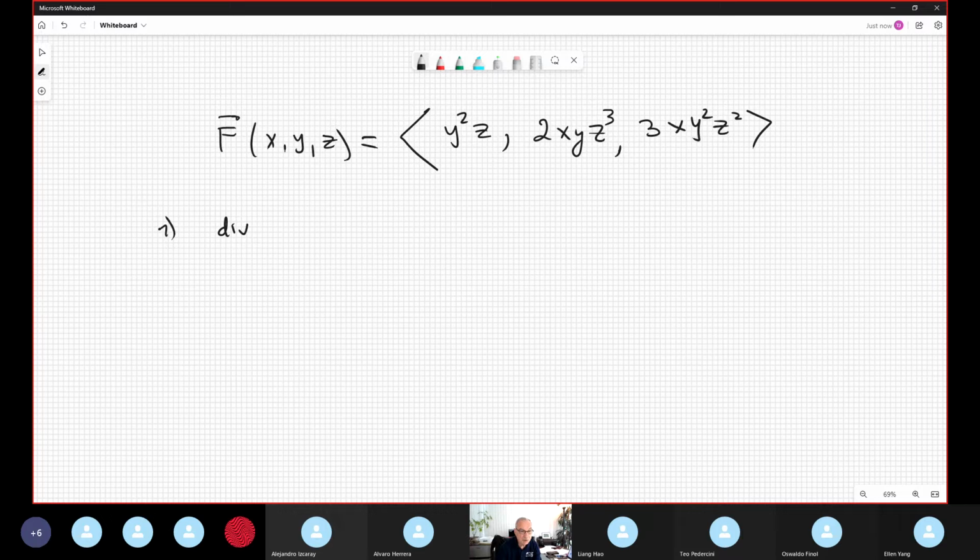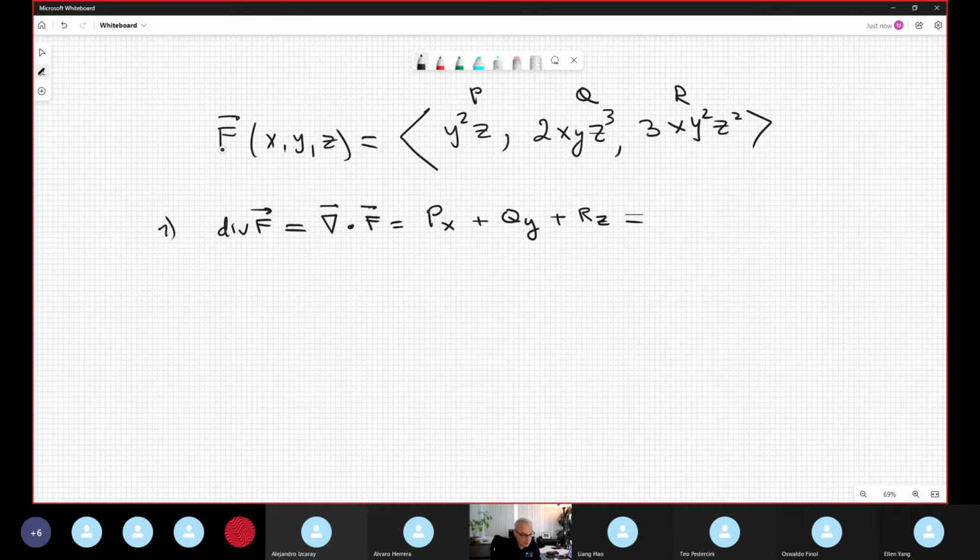Compute the divergence of the vector field. This notation, remember, is nabla dot product F. The formula is the partial derivative of P with respect to x, plus the partial derivative of Q with respect to y, plus the partial derivative of R with respect to z.